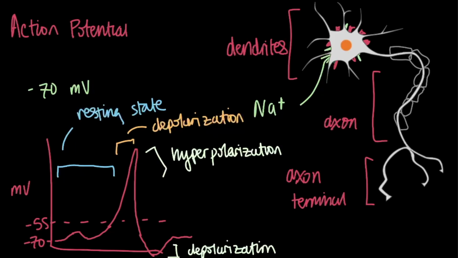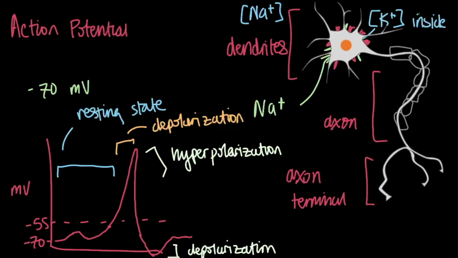And before that, I just want to mention that you're going to have a higher concentration of sodium ions outside and a higher concentration of potassium on the inside. I can't draw where it is, but just know that it's on the inside.